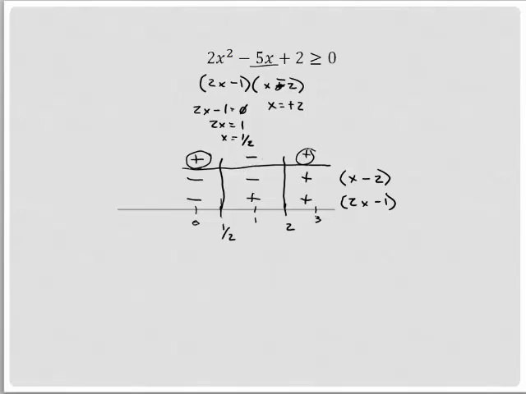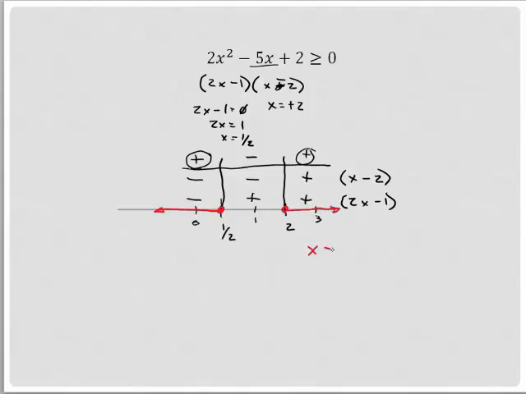Alright, let's describe our answers then. We want this positive column, and we have greater than or equal to. So in this case, it would be a solid dot, and it would come this direction. And again, a solid dot, and it would go this direction.